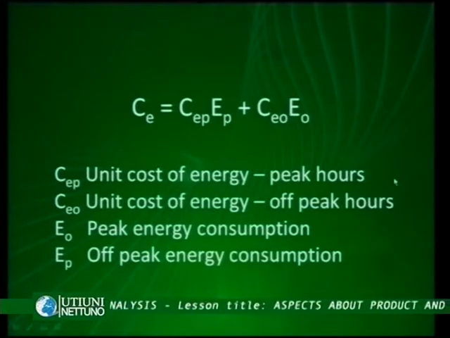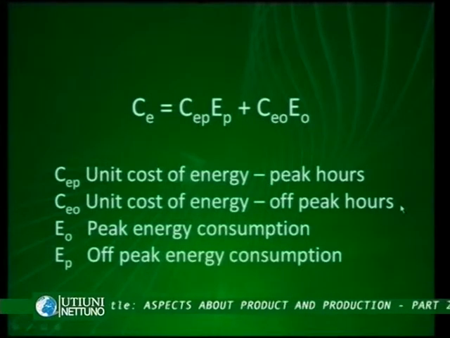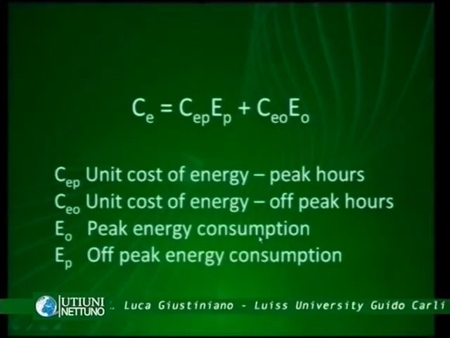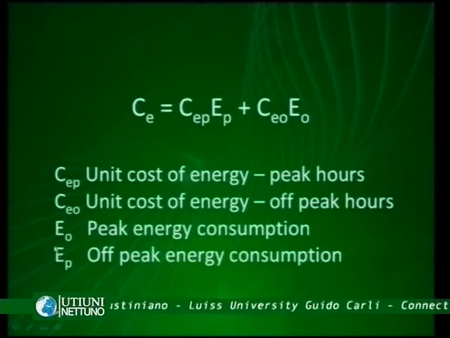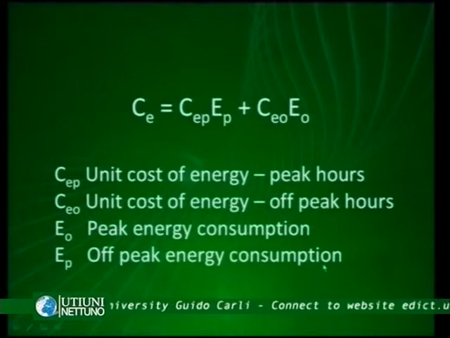So the company, which is absorbing electricity, is exposed to two volumes of consumption, EP and EO, whereas EP is peak energy consumption and EO, similarly, is the off-peak energy consumption.